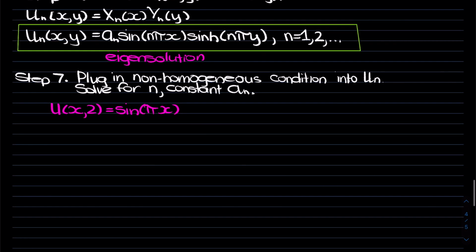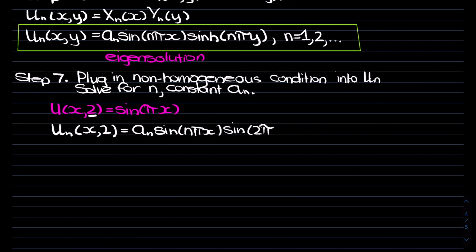So all we need to do is grab our u of n, but in this case, instead of x and y, we're going to put in y equals 2 from here. And if y equals 2 for our u of n, we're going to get a of n sine n pi x over sinh 2 pi n.